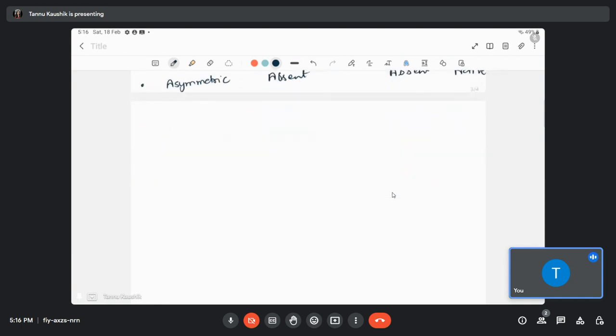Okay, so let us begin with some examples now. The first example is xenon OF4.